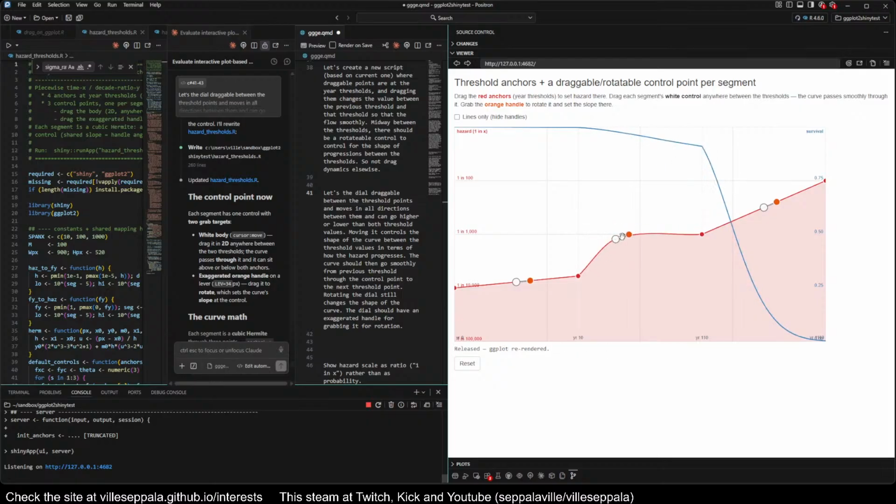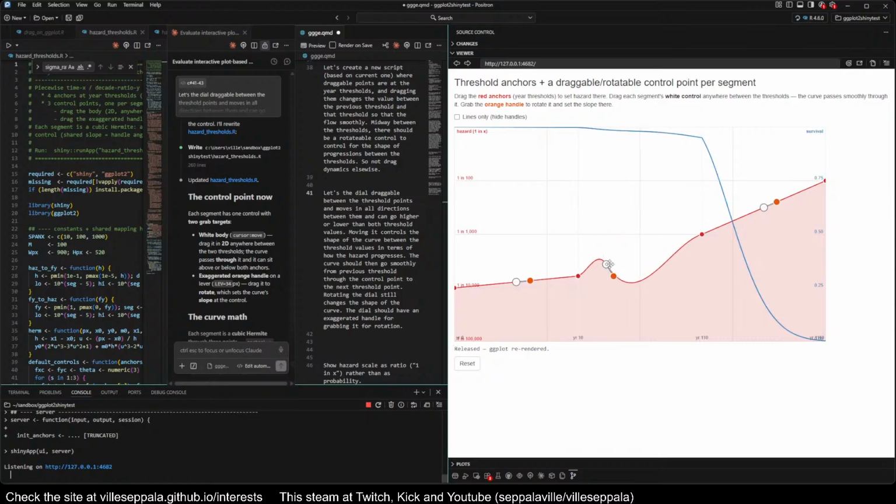I don't know if you can see, but there's a very thin gray line between there, and it's easy to mistake this for just another point.